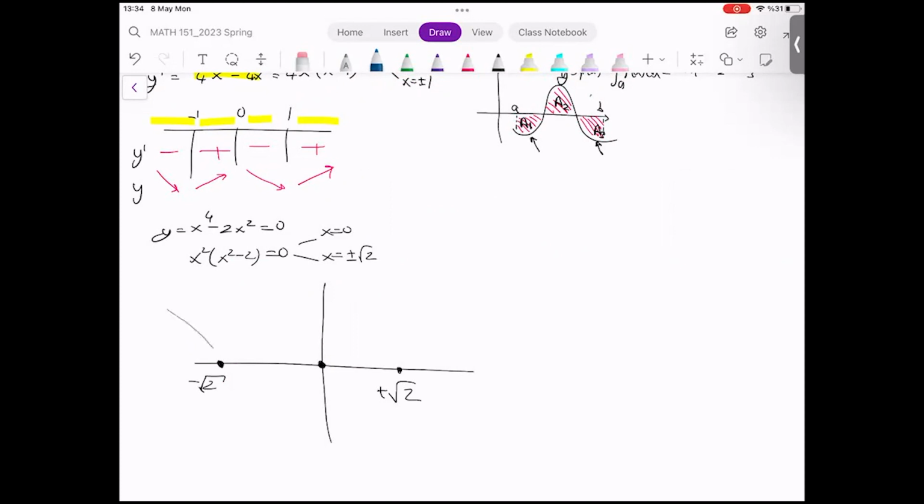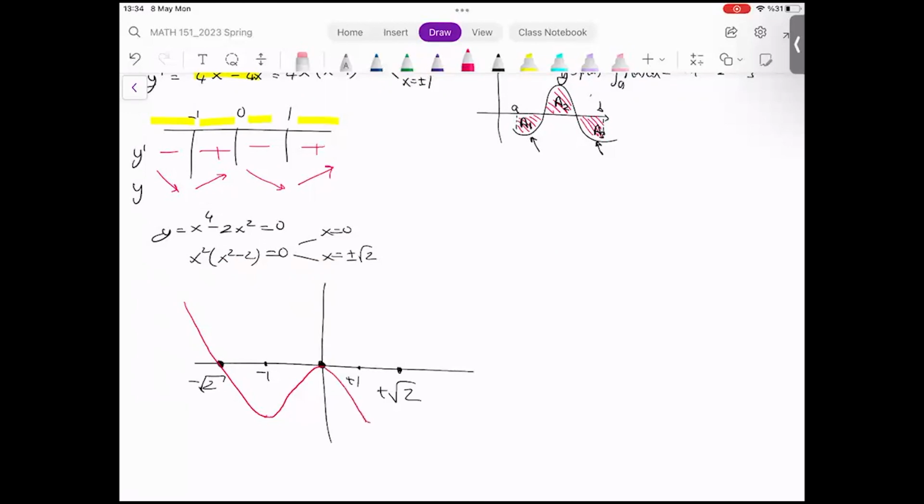And I also know that our function is decreasing from minus infinity to minus 1. Let me also indicate points minus 1 and plus 1 here. Okay, so it will be something like this, I guess, and then after minus 1, it will start increasing. Between 0 and plus 1, it is decreasing.